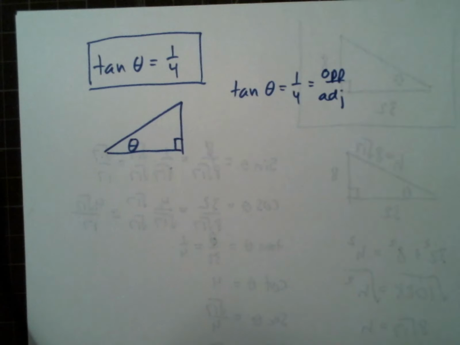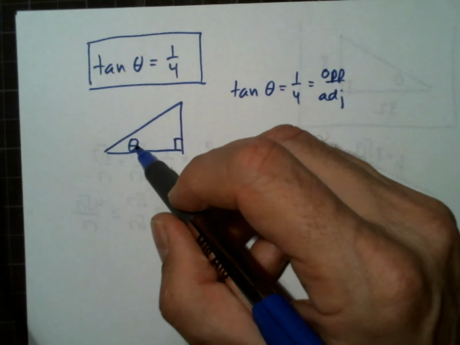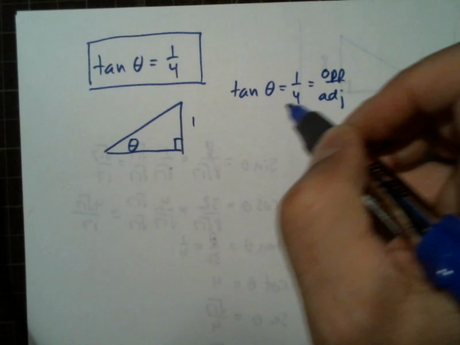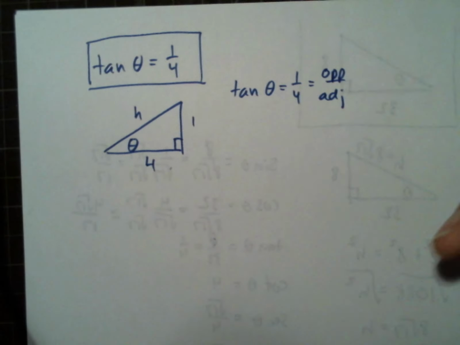So that tells us that the opposite of theta is 1. So here's theta, the opposite would be 1, and the adjacent is 4. And then we can solve for the hypotenuse.